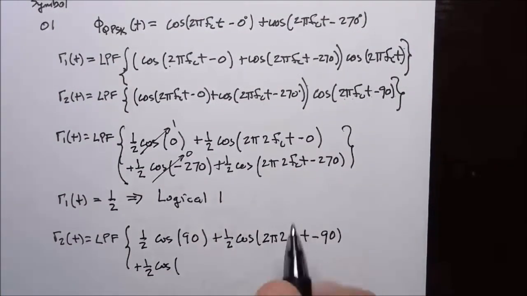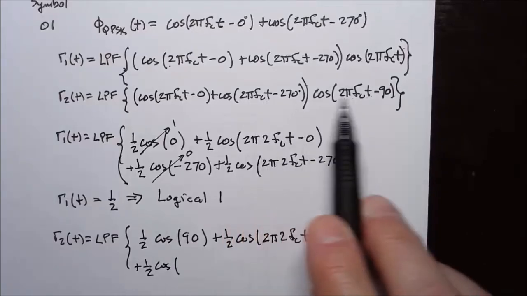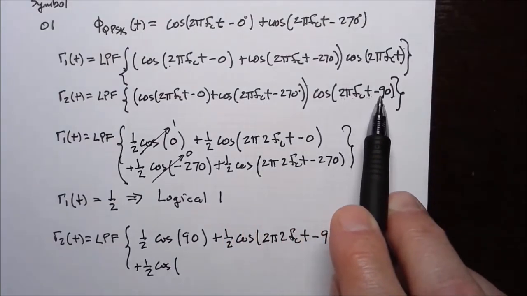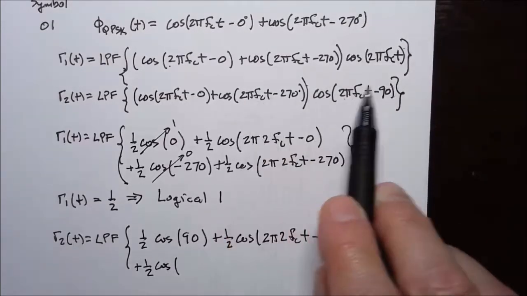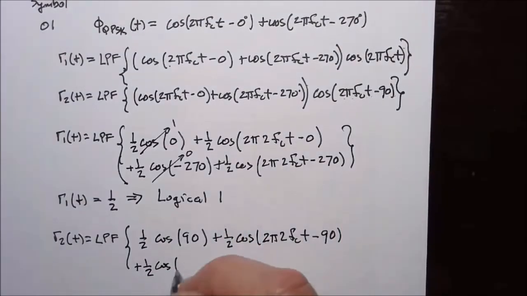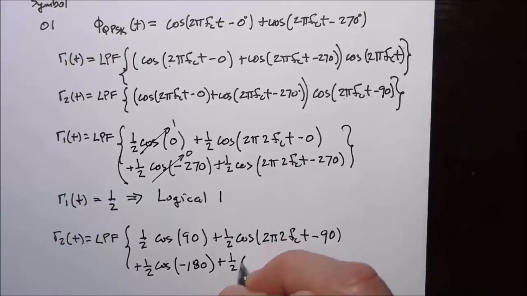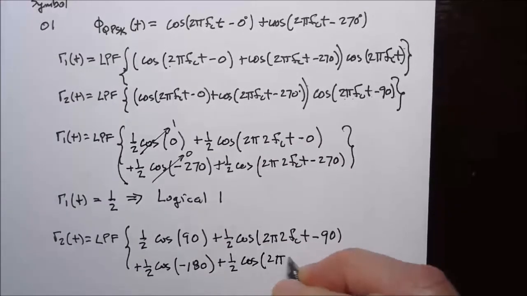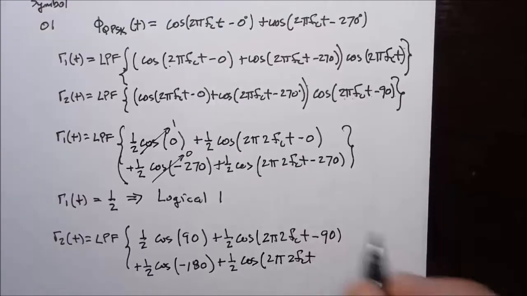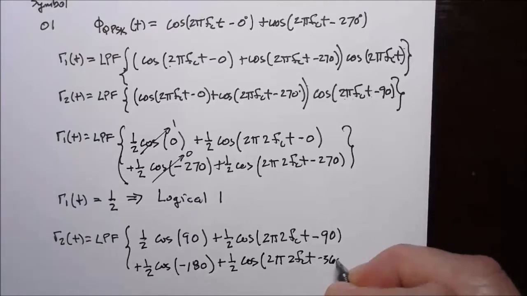Cosine of the difference of the angles, 2 pi FCT minus 270 minus 2 pi FCT minus 90. We get the 2 pi FCTs cancel. Minus 270 plus 90 gives minus 180, plus a 1/2 cosine 2 pi times 2 FCT, and the angle is minus 360.